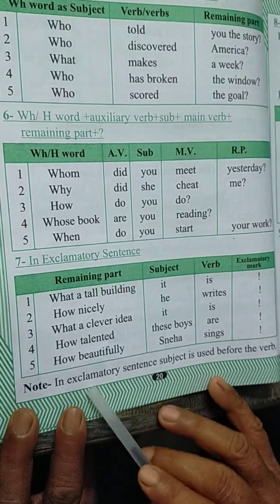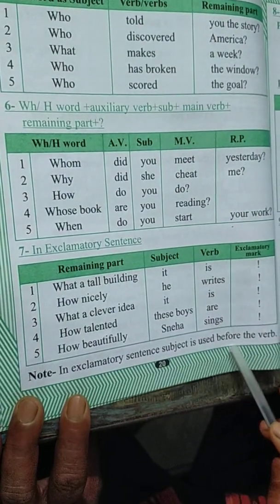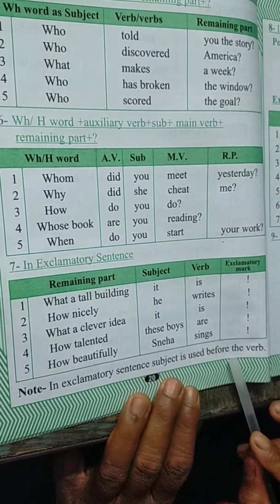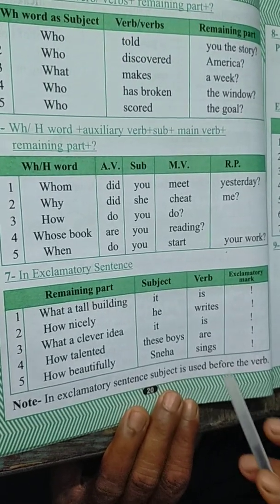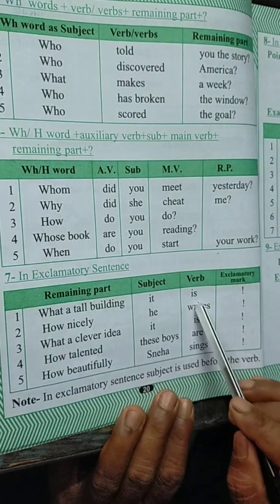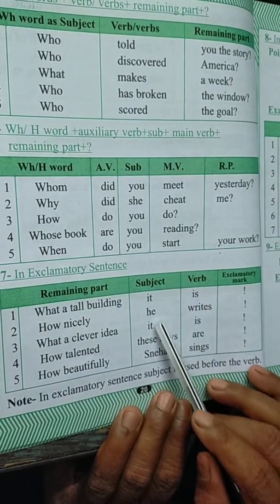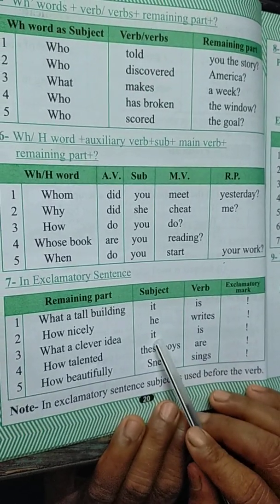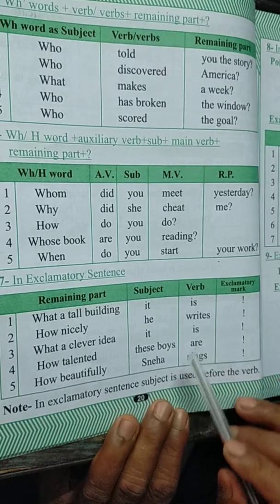So note that in exclamatory sentences, the subject is used before the verb. Understood? He is the subject, writes is the verb. It is the subject, is is the verb.